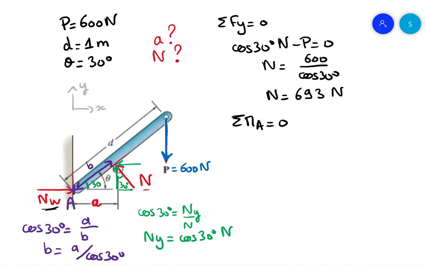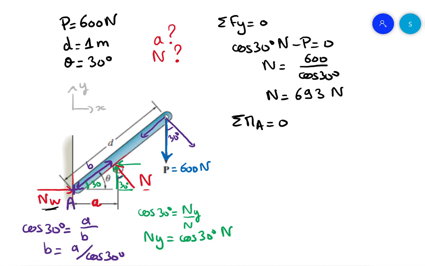Okay, so that's the distance B. And for the distance for P, what we need is the component of P perpendicular to the rod to multiply by D. We have the 30 degrees, this one is the same as this one, right? So that gives us P cosine 30 degrees times D.